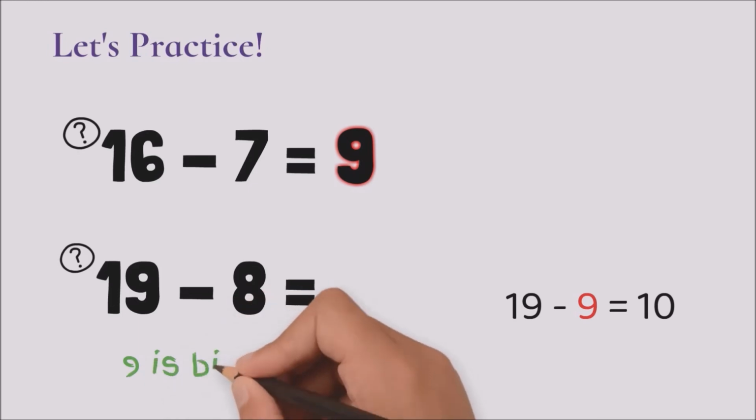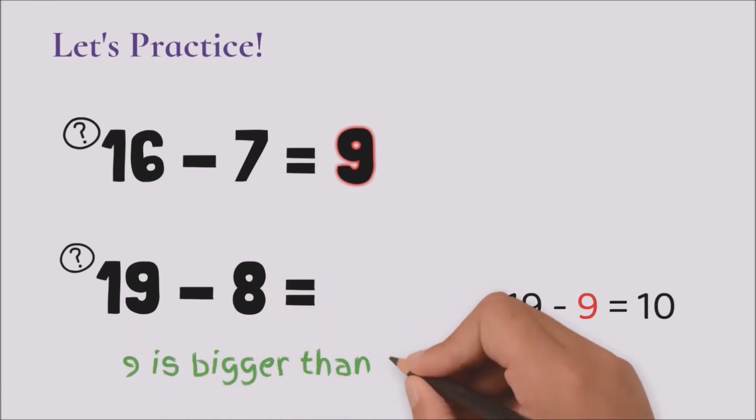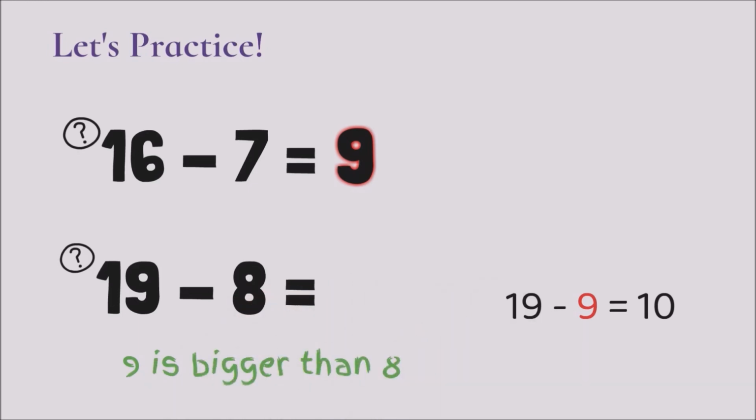If the number that would take us to 10 is bigger than the actual number being subtracted, so in this case, 9 would take us to 10, but it's bigger than 8, what we would do is we would add the difference between both numbers back to 10 to get the final result. So follow me. We subtract 9 to get down to 10, but 9 is bigger than 8 by 1. So we have to add 1 back to 10 in order to get the final result. And 10 plus 1 is equal to 11.